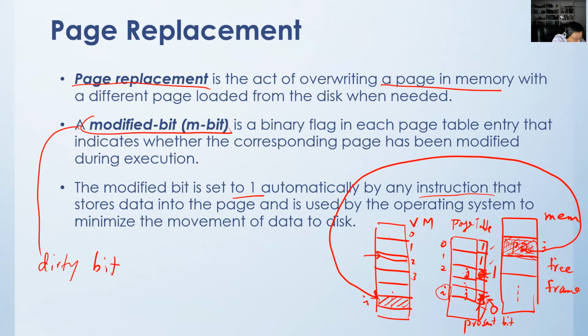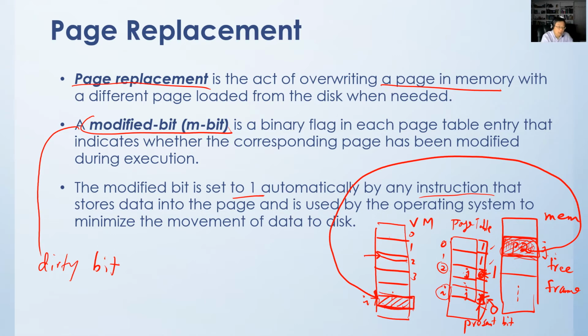So, for example, if page 2 wants to replace page I, which is currently in page frame J, and page I has been in the physical memory and has never been modified, that means the value stored in page I is the same as the value in the virtual memory.